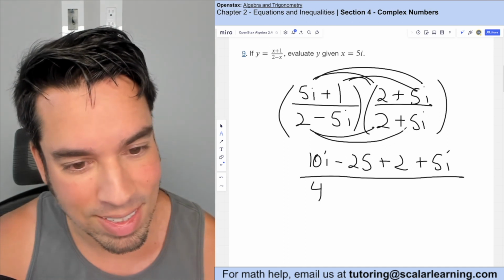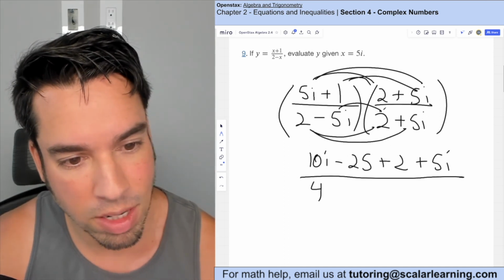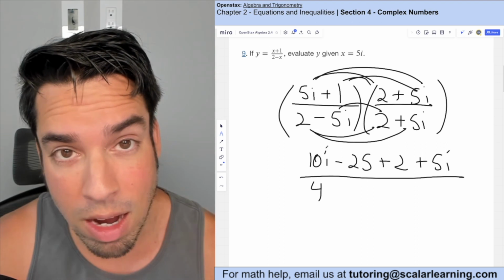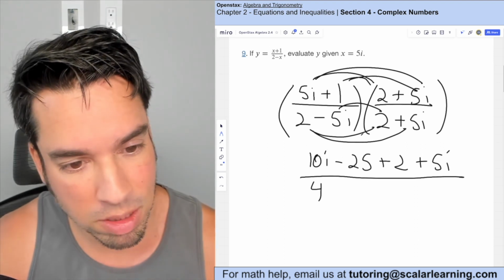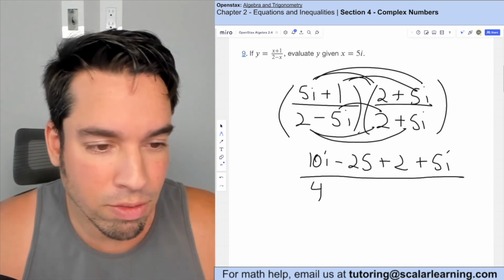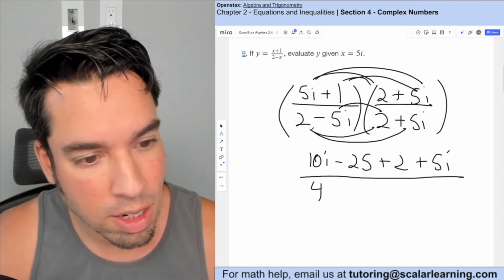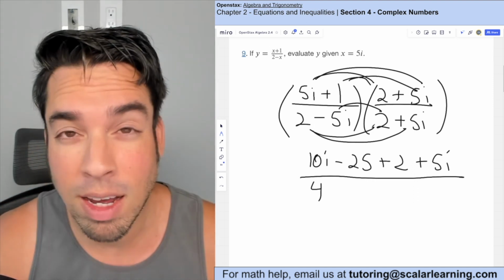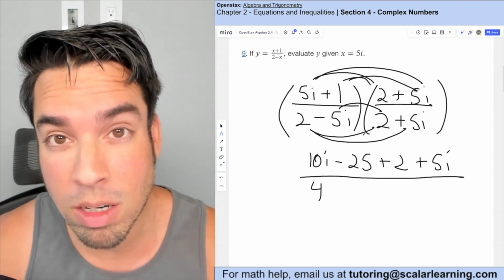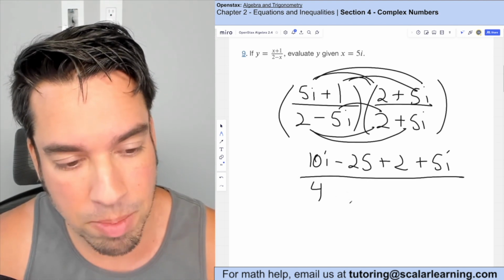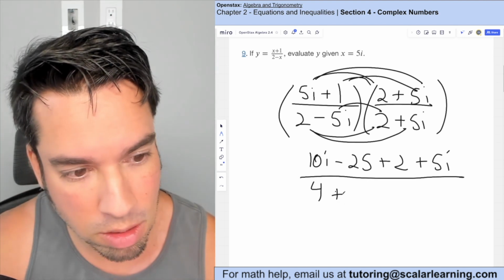Then we've got 10i and -10i when they multiply. So I'm not writing it out because this is the beautiful part about the difference of squares, but it's multiplying by the conjugate. The 10i and the -10i, those are going to cancel out, and that's how we get rid of the i on the denominator. Actually, I will write it out. Why not? Because it's the first example.